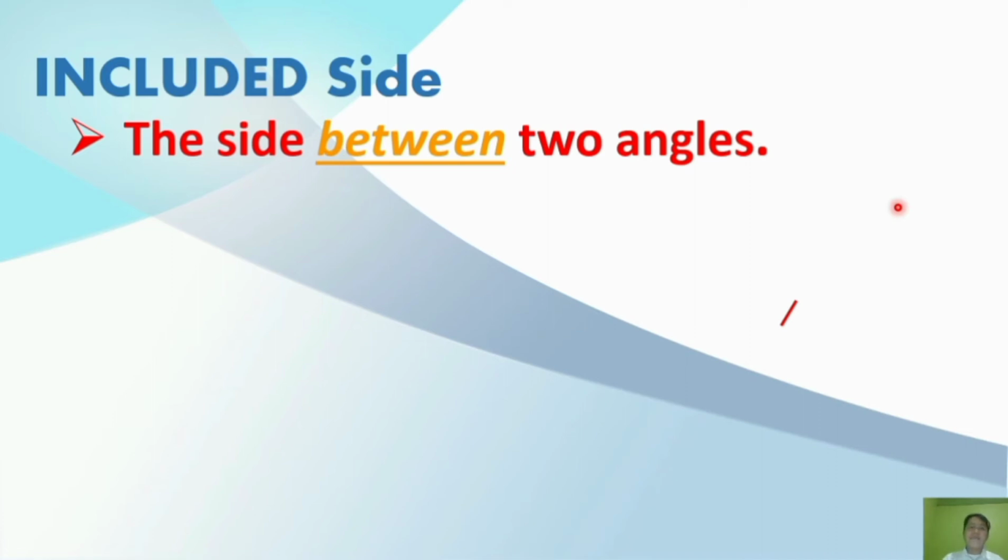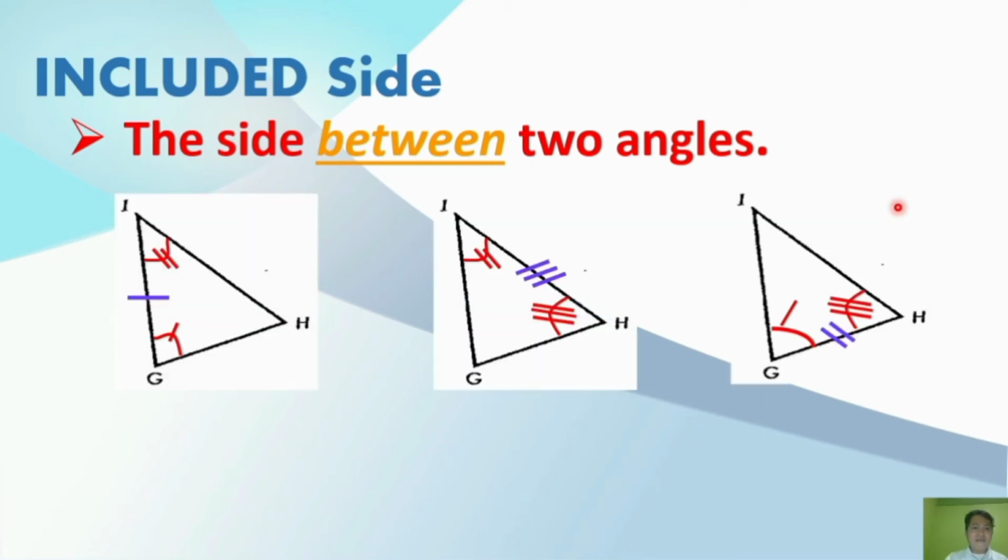Ibig sabihin, yung side na nasa pagitan ng dalawang angles na merong tick marks or ng dalawang angles na kino-consider natin. Suppose we have these triangles here. As we can see, on the first triangle, angle G and angle I are marked. So the included side is the side in between angle G and angle I, and that is this side, side GI.